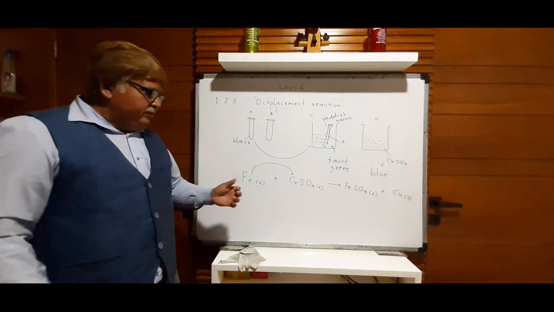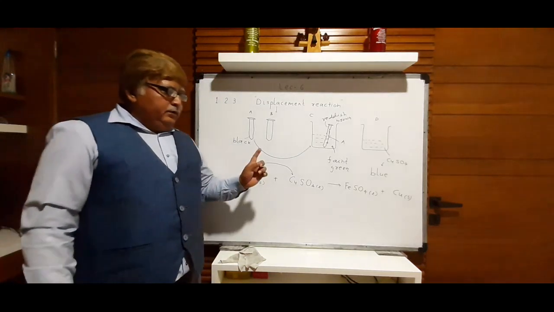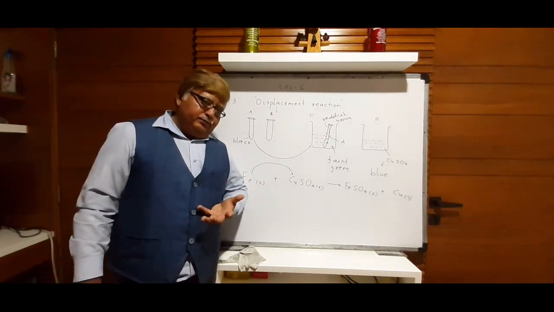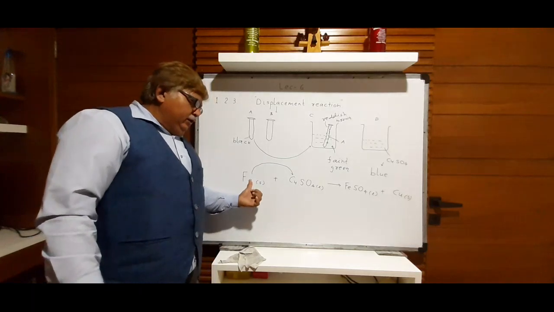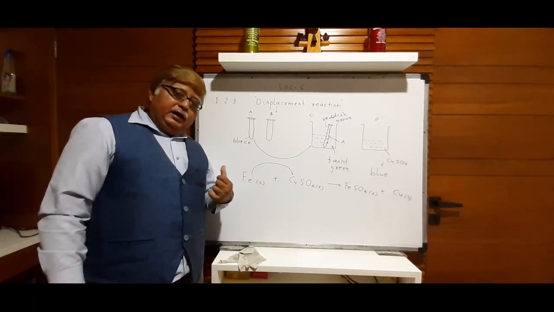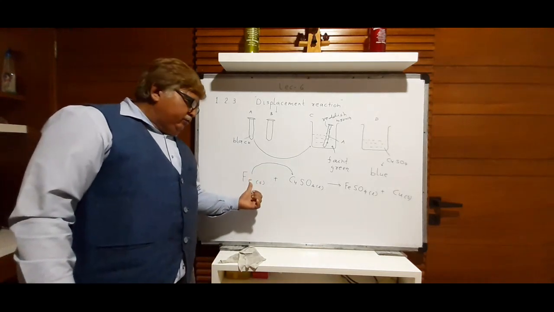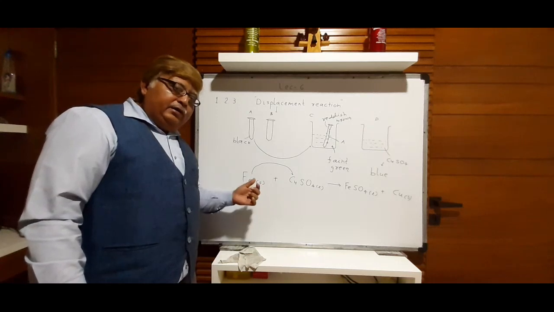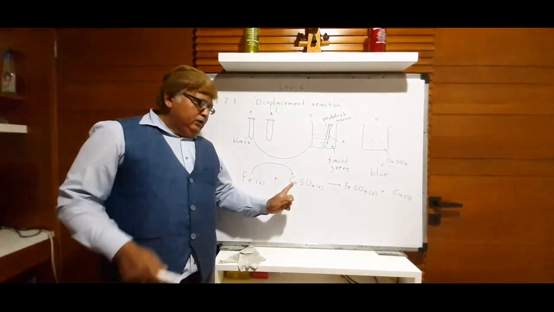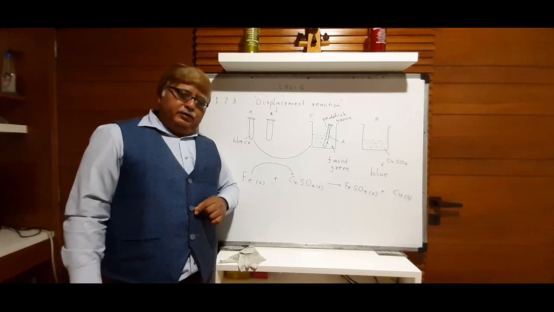Actually what happened? I am just trying to define single displacement reaction. Try to understand. If you compare iron and copper, which is more reactive? Iron is more reactive than copper. And a more reactive metal is always able to displace a less reactive metal from its compounds. Understand?